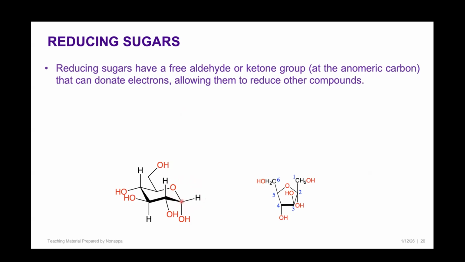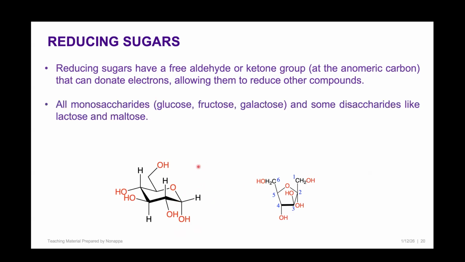So if you write in equilibrium, because this is a hemiacetal, we can still have an anomeric center with a carbonyl group. So therefore, they can donate electrons and thereby reduce other compounds and themselves undergo oxidation.